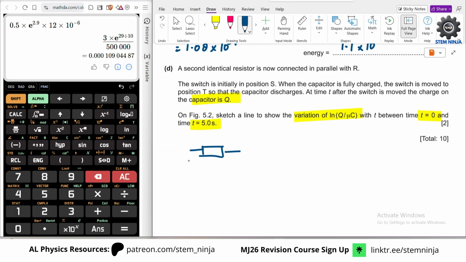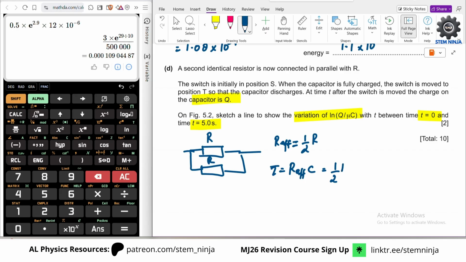when the two resistors are connected in parallel, this is R, this is R, so the effective resistance is half of one of them, right? That means the time constant, which is the effective resistance times the capacitance, is reduced by half also.